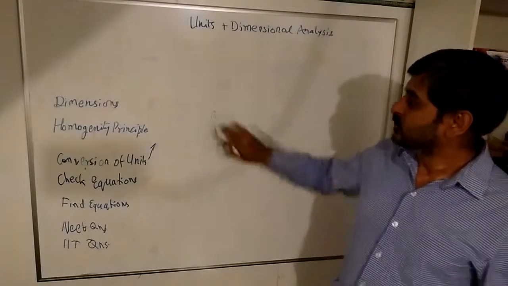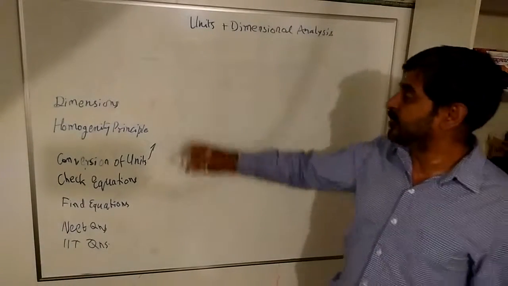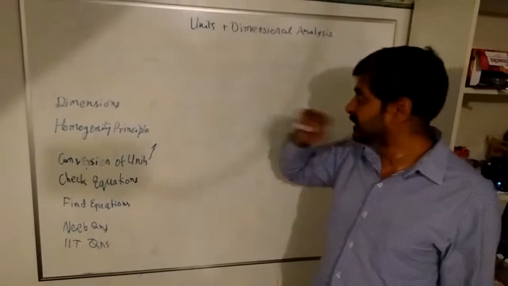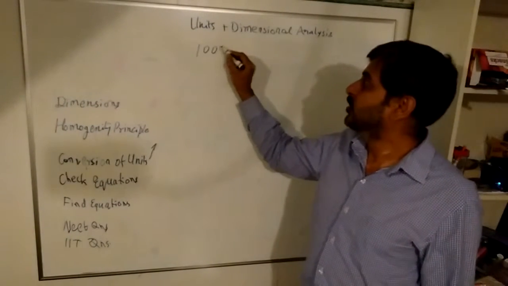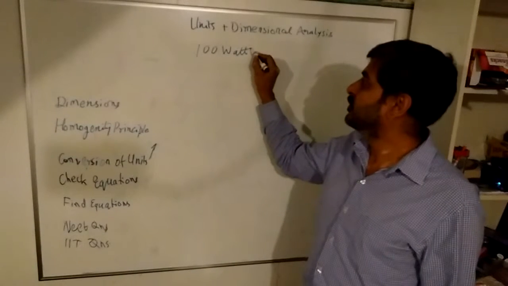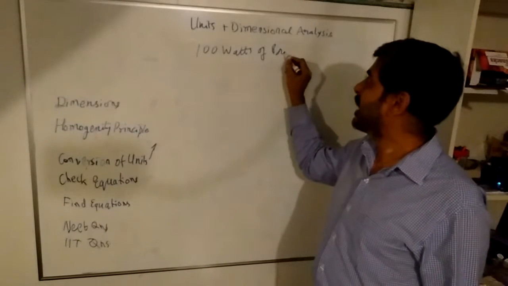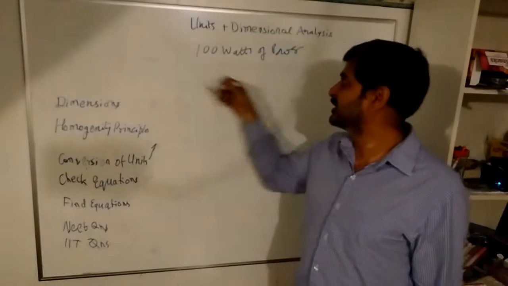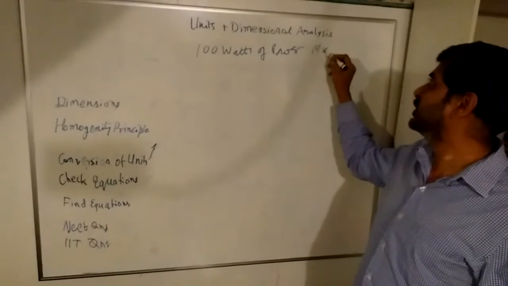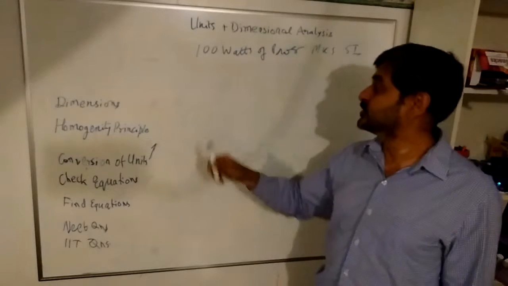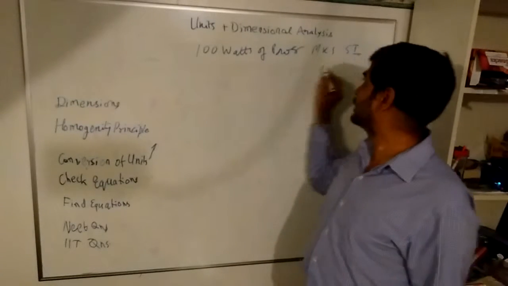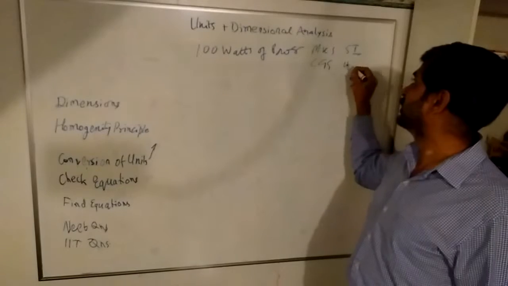So conversion of units is one of the applications of dimensional analysis. Let's say we are given 100 watts of power, which is obviously in MKS or SI units, and we are required to convert this unit into, let's say, CGS units.